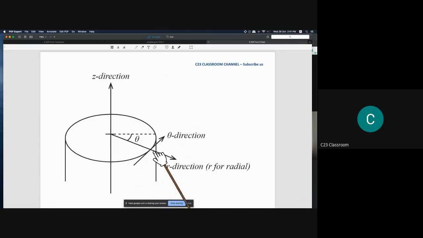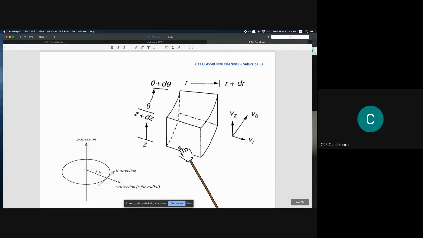Let's say our molecule here has coordinates given by the value of r, the angle theta, and also the z direction. So you could see that the three axes for polar coordinates are quite unique compared to the Cartesian coordinates. The molecule here is located like this.